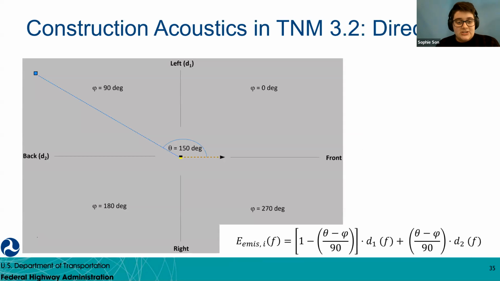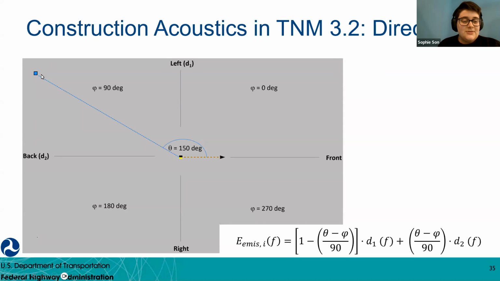Looking at the directionality, that factors into the acoustic computations. I'll illustrate that here. For this object, the front is oriented due east based on this arrow. That means this receiver is located between the back and left sources for that equipment. This image is not to scale, but let's say this angle here is 150 degrees.